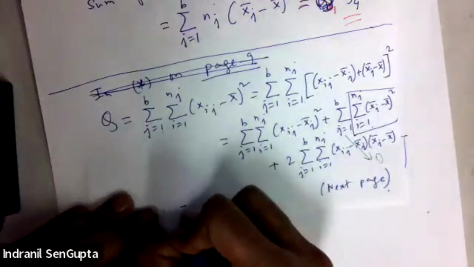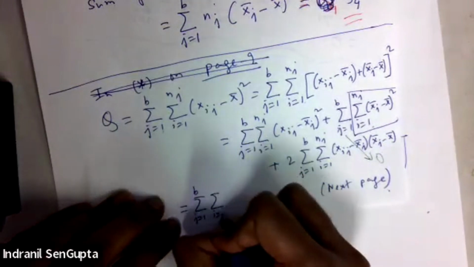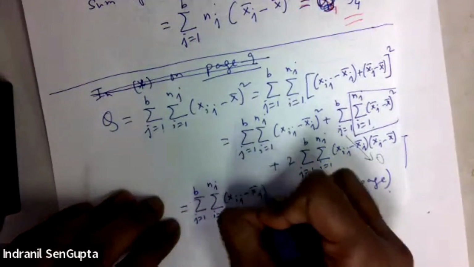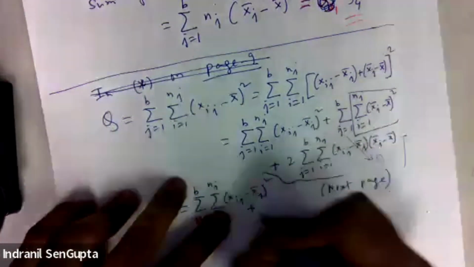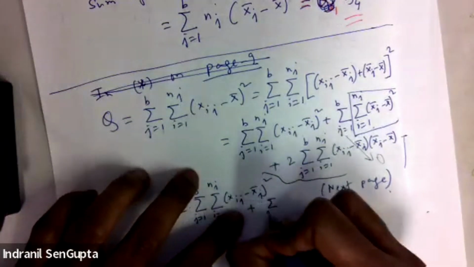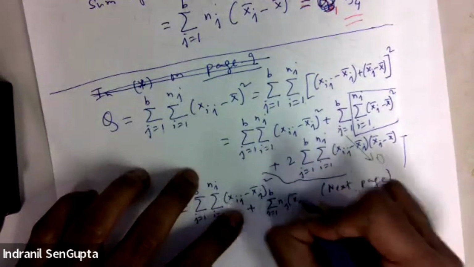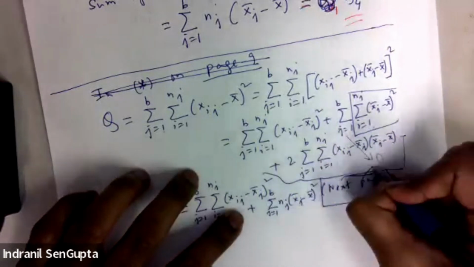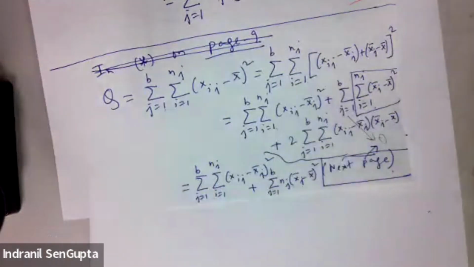So it becomes sum over j from 1 to b, i from 1 to n sub j, of (xij minus xj bar) squared, plus, I assume that I already proved this is 0, and this is going to be sum over j from 1 to b of nj (xj bar minus x bar) squared. So in the next page, we have seen this is 0. Okay, so the last term is this one.